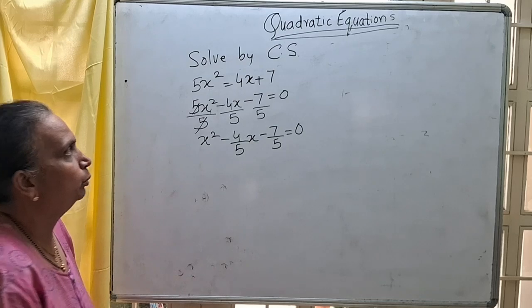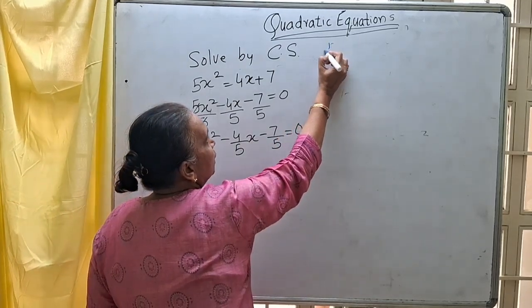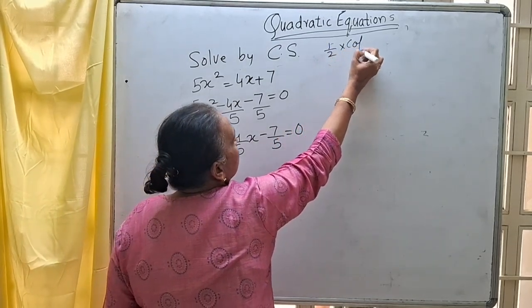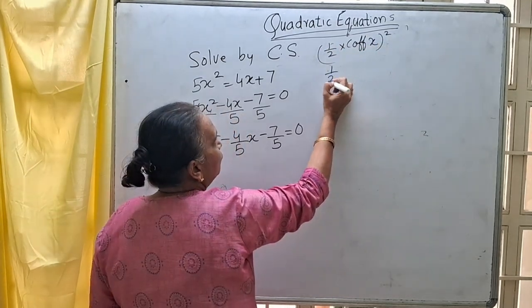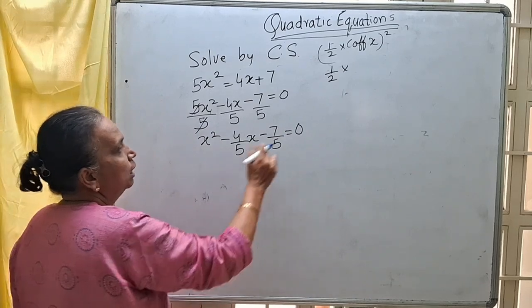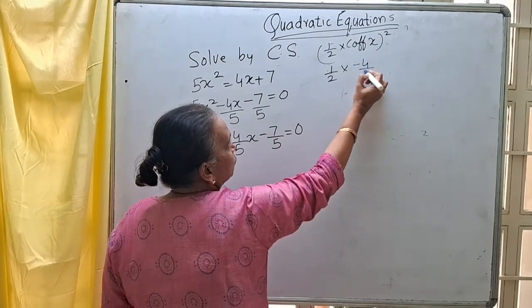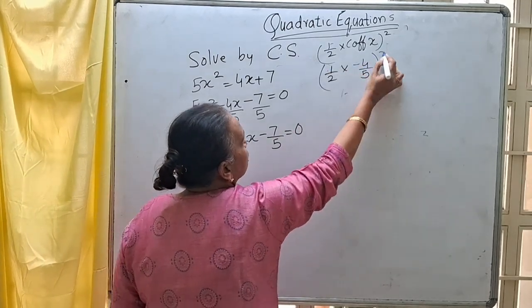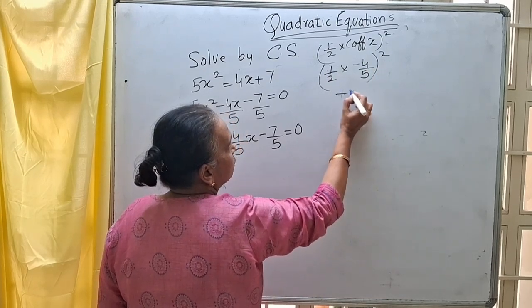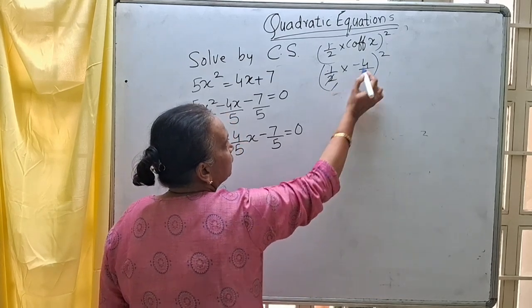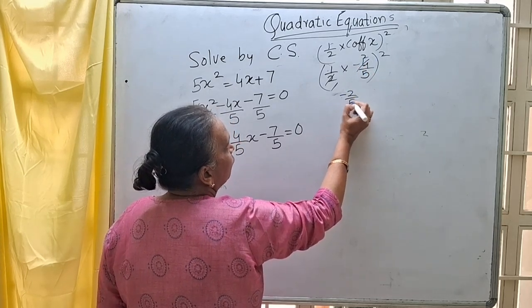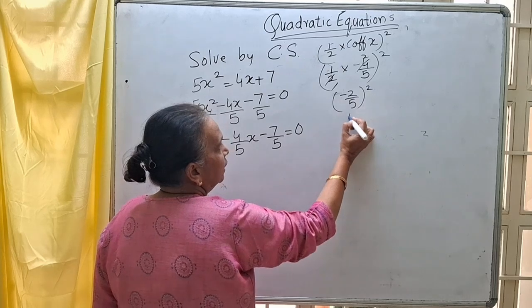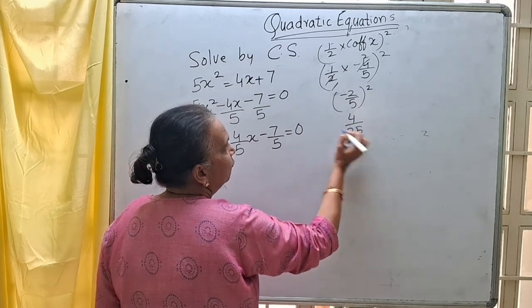So now you know what you have to do. You have to use the formula half into coefficient of x the whole square. That is half into minus 4 upon 5, the whole square. Simplifying, you get minus 2 upon 5 the whole square, that comes to 4 upon 25.